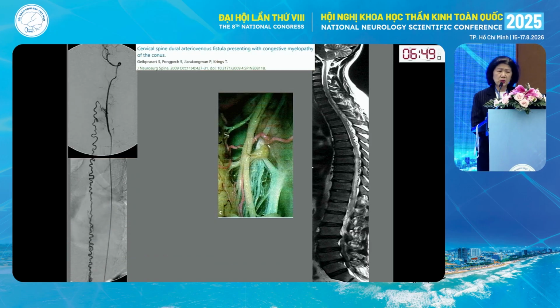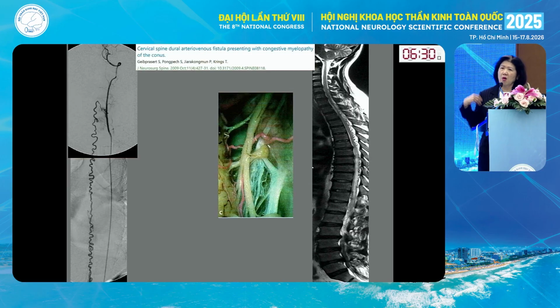And what I said to you is that we published these so-called radicular AVMs, which are AVMs just along the nerve root. The symptoms of this group of patients are a little bit different from the dural, with more radiculopathy.